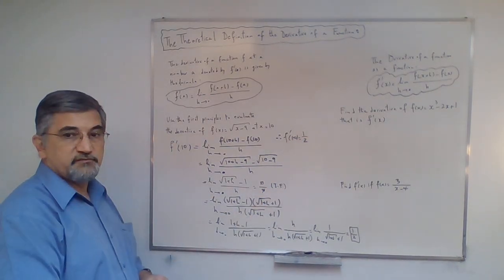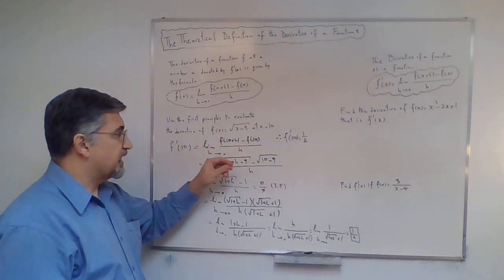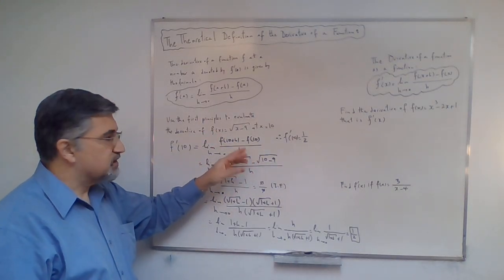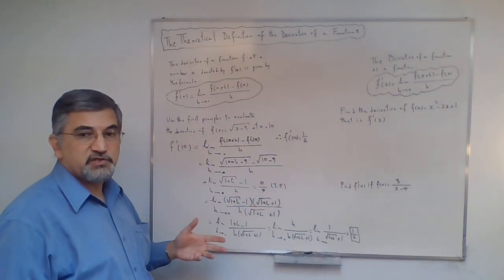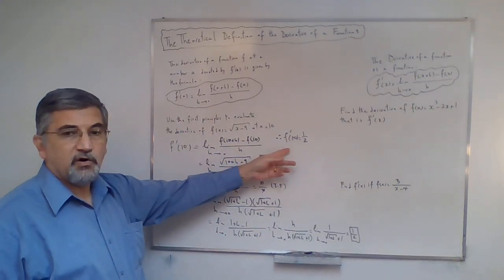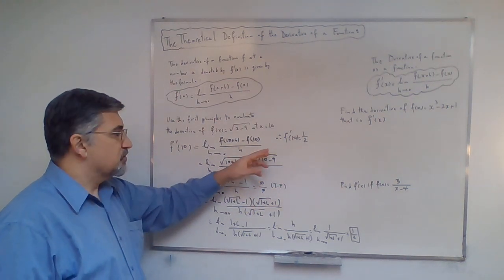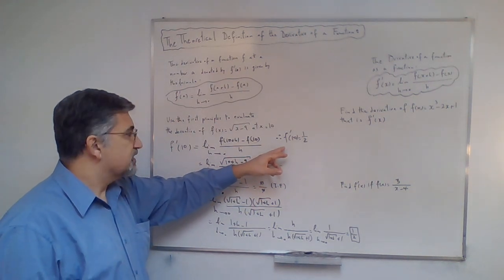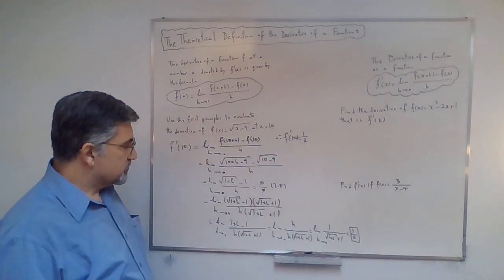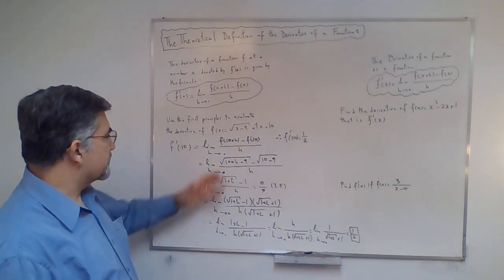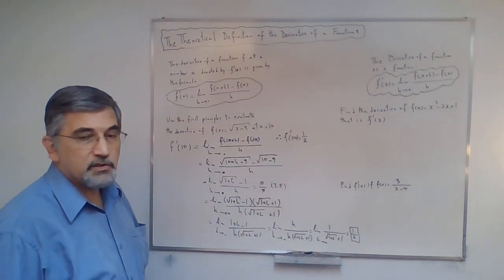The derivative of the square root function at x equals 10 is equal to 1/2. As I said, the geometric interpretation of that would be the slope of the tangent line at a point on the curve whose x coordinate is 10, and that is 1/2. Okay, so I think it's clear.